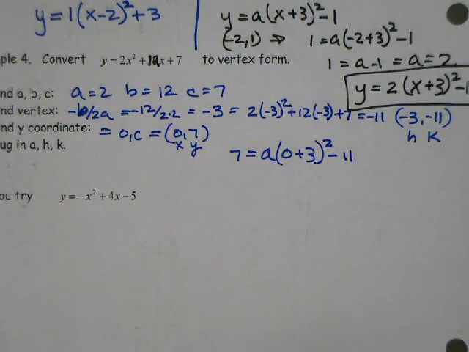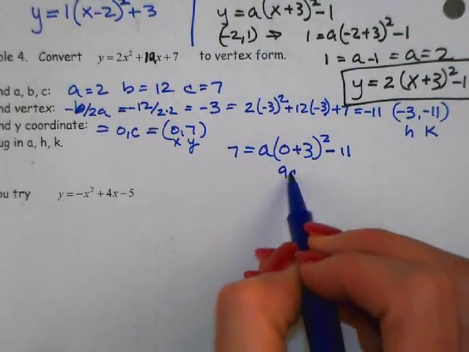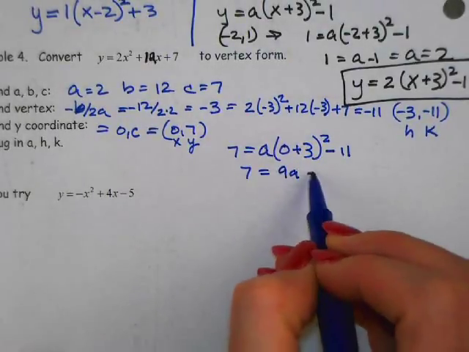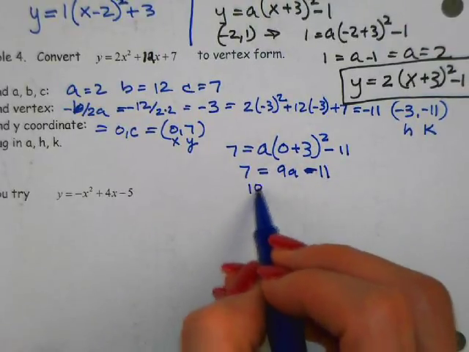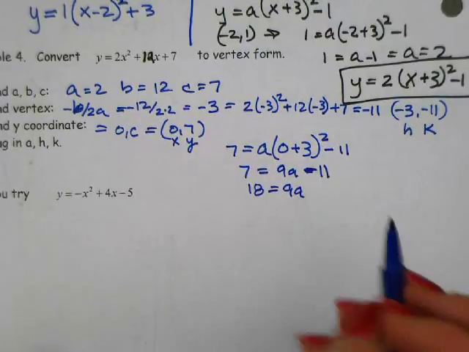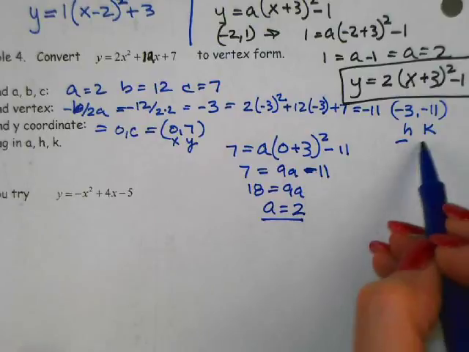Does that make sense? Okay, so then I got 3 squared, which is 9, so this is 9a equals 7 minus 11. So add 11, so that's 18 equals 9a, so what does a equal? 2. So I have an a, I have an h, I have a k.